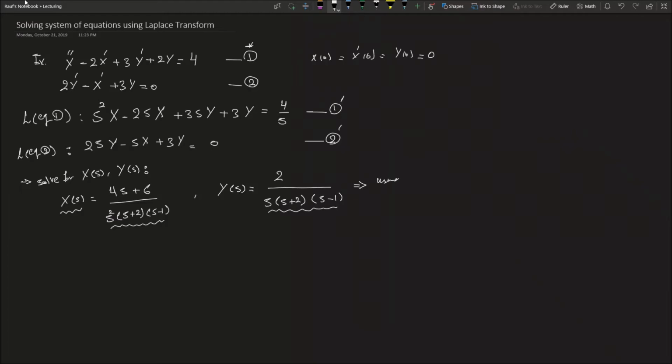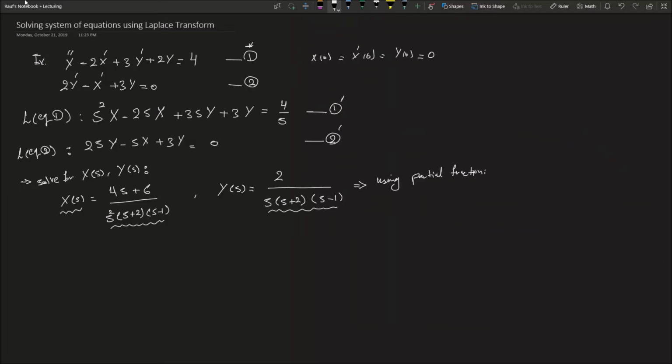Using partial fraction, what would happen? You would be able to find your x of t and y of t.